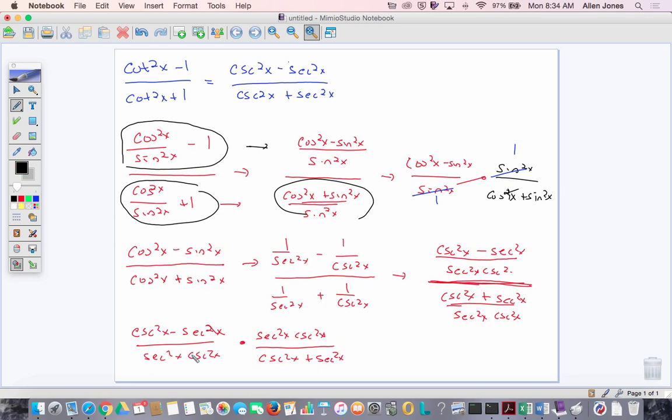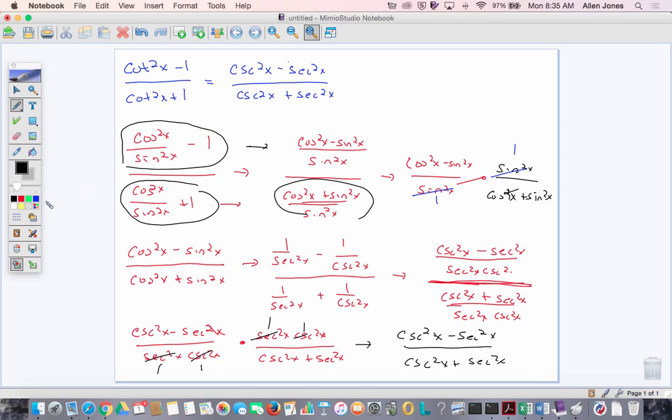And you probably recognize it already, but when we multiply by reciprocal, the secant squareds will cancel, the cosecant squareds will cancel, and we're left with our answer, which is cosecant squared minus secant squared over cosecant squared plus secant squared.